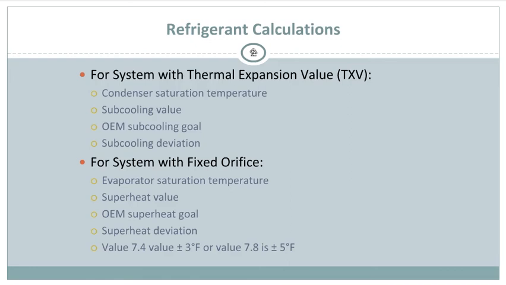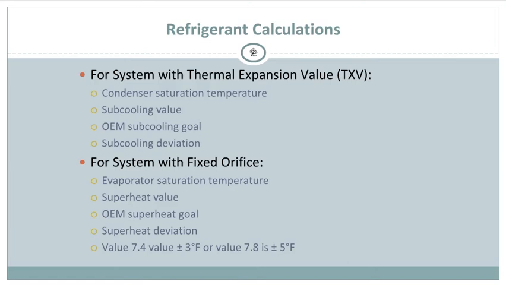Again, for calculations, this is what we talked about, that thermal expansion valve. These are usually the ton units. They usually have a dual system. They have a subcooling valve, but they also have what they call a dual system. They either have a high and low switch and so on. So they have the subcooling valve. All these things are checked, okay?